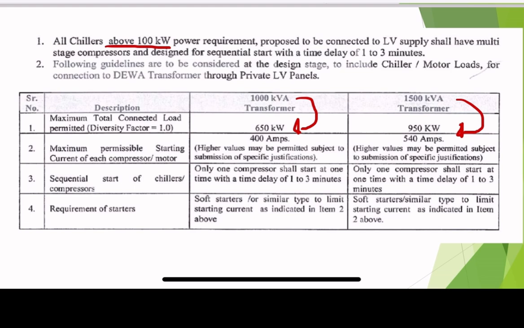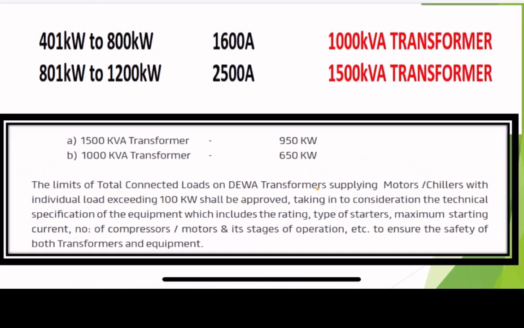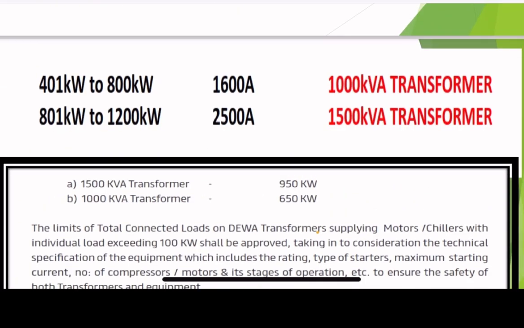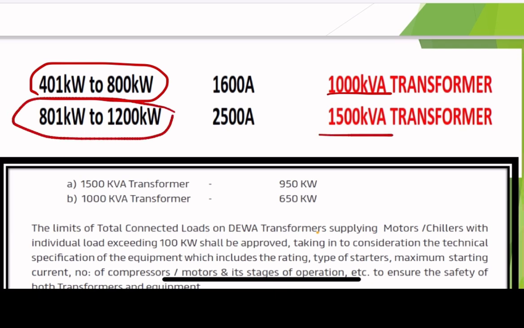But suppose on an SMDB all individual loads are less than 100 kilowatt, then we can go for a 1000 kVA transformer for a total connected load between 401 to 800 kilowatt, and a 1500 kVA transformer for a total connected load between 801 to 1200 kilowatt.